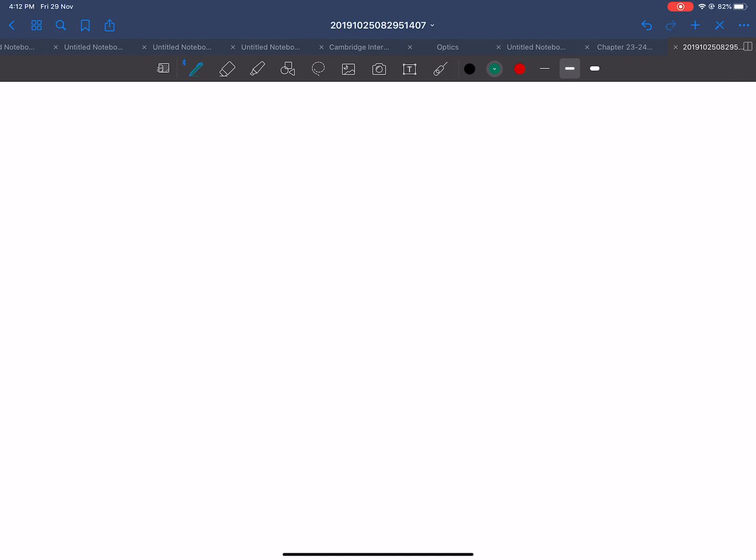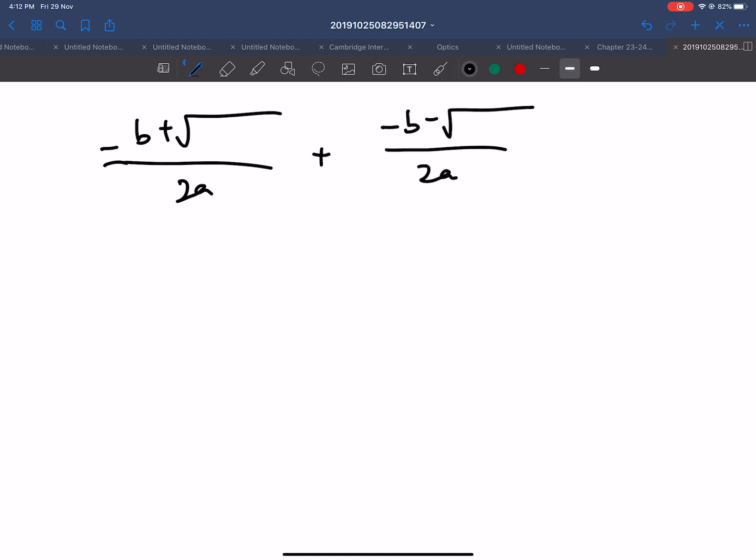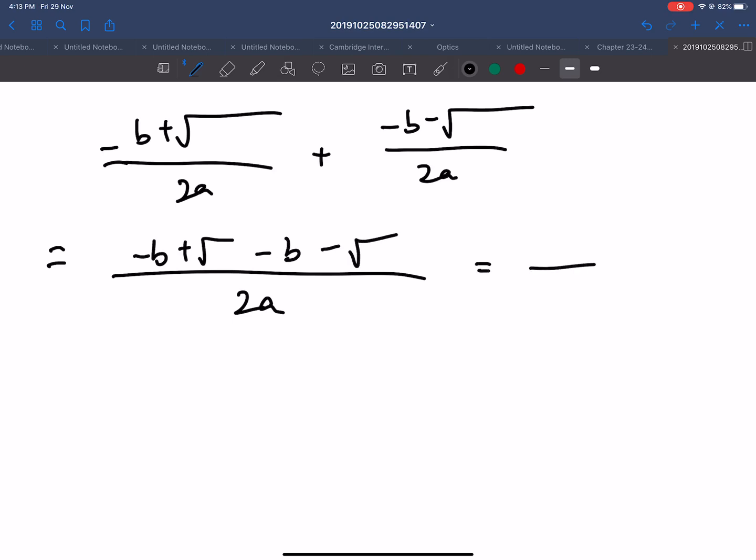For the sum of roots, they have the same denominator. You don't need to multiply by 2. The sum one is fine. And then what do you get? Negative 2b over 2a. That is minus b over a.